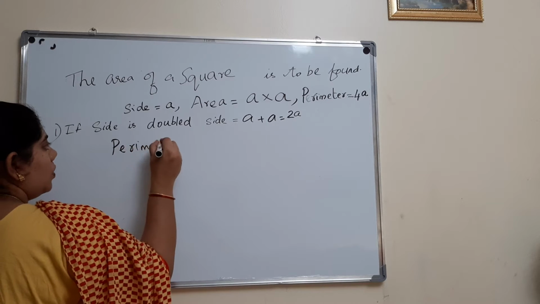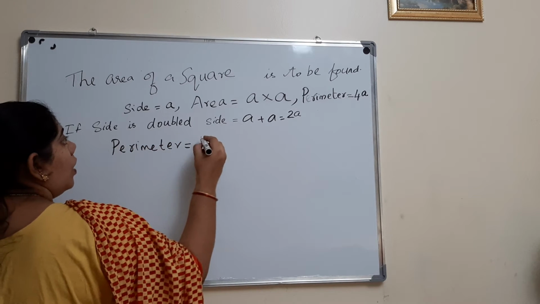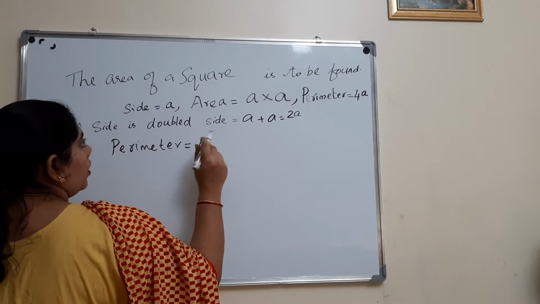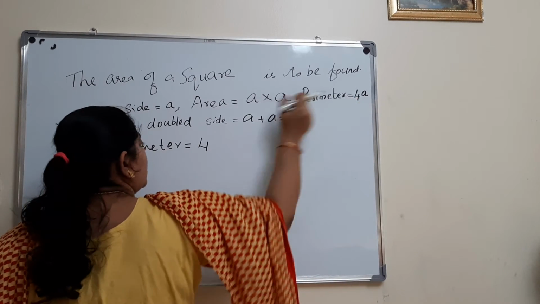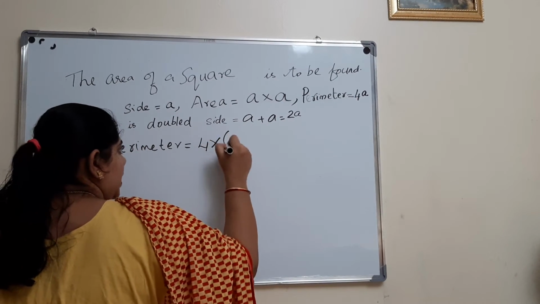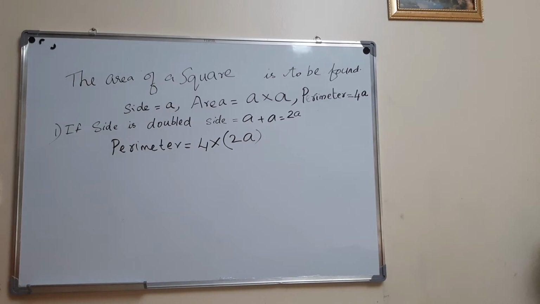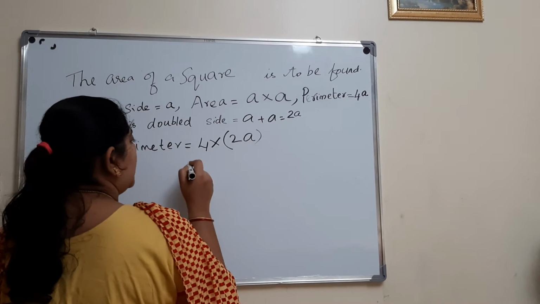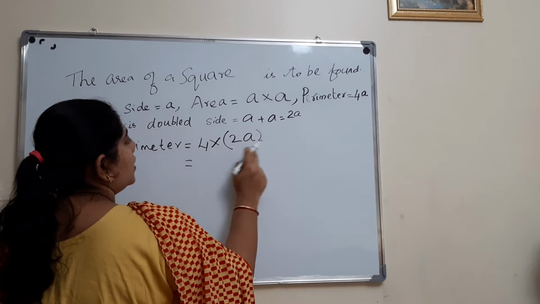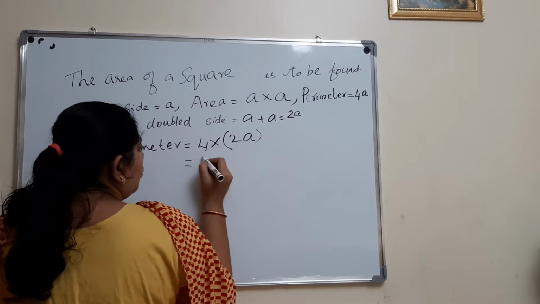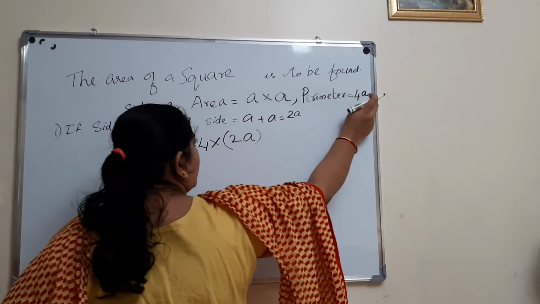So when the side is doubled, what happens to the perimeter? Perimeter is equal to 4 into, what is the side now? 2A. So 4 into 2A. Now 4A is there, no?